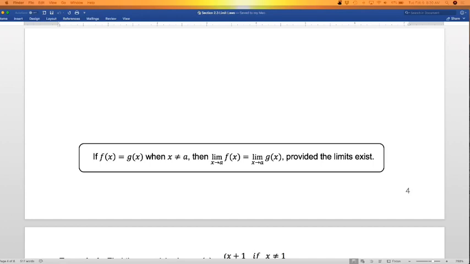It seems just kind of extra, but it's extremely important because it's what allows us to simplify and rewrite functions that we normally wouldn't be able to find the limit to, and now find the limit of them. And so this is actually one of the most important rules that we have for calculating limits. The other ones are what allow us to walk through the algebra, and those are easy to remember. This is what allows us to rewrite an entire equation into a basically equivalent equation and calculate its limit.